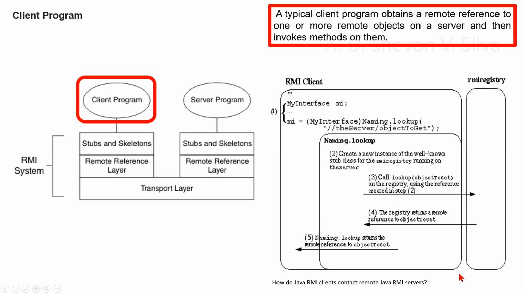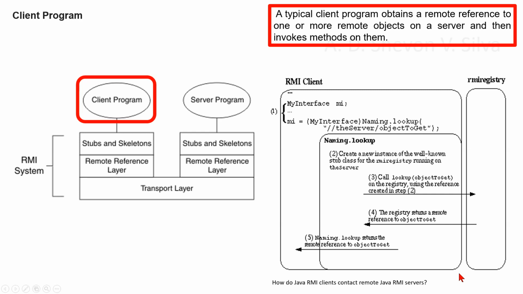Please note that with Java RMI, the terms client and server can refer to the same program. A Java program that acts as an RMI server contains an exported remote object. A Java RMI client is a program that invokes one or more methods on a remote object in another virtual machine.